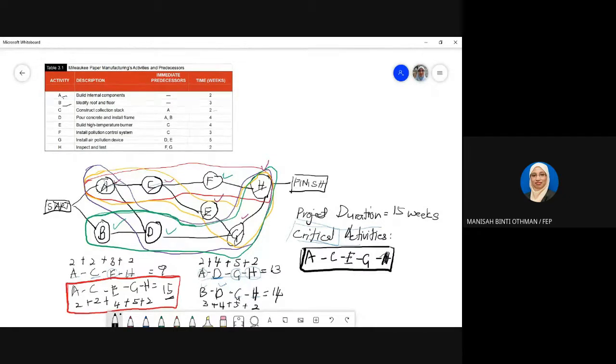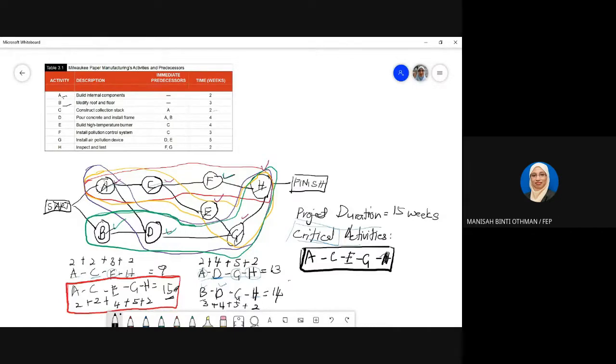But the non-critical activities also, it does not mean that you don't have to manage them. If you want to delay, yes, you can delay, but you cannot delay more than this period. So be careful if you want to delay a non-critical activity. Sometimes you delay a non-critical activity and it makes your project longer than the planned project duration.